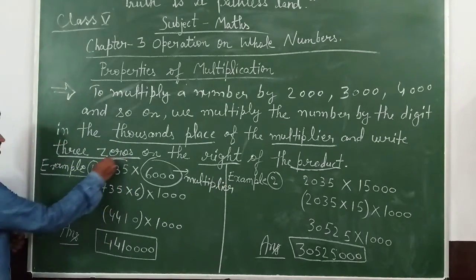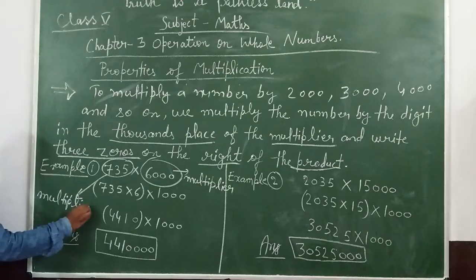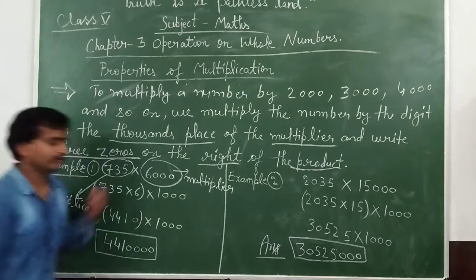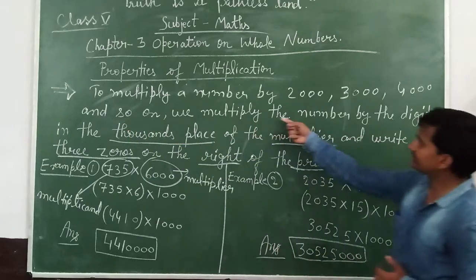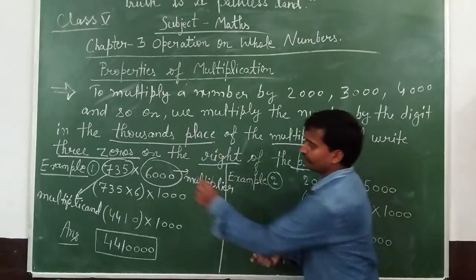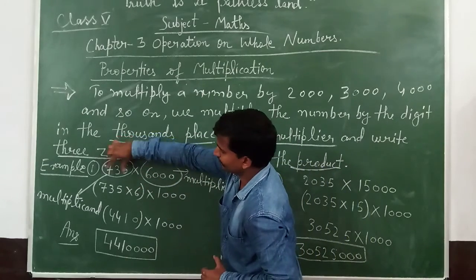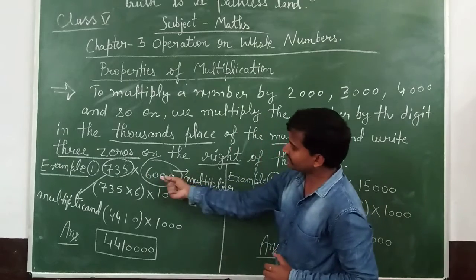This is the multiplicand. First of all, we multiply the number by the digit in the thousand place. We multiply this number, the multiplicand, by the digit at the thousand place.